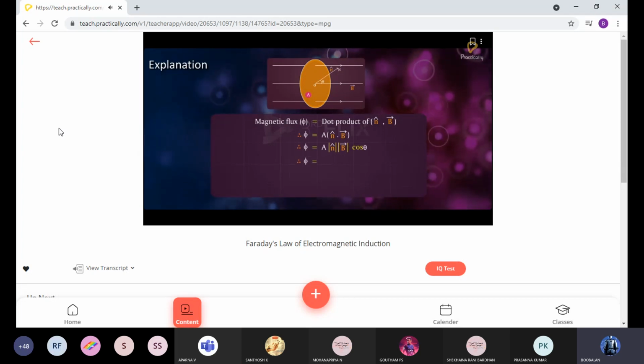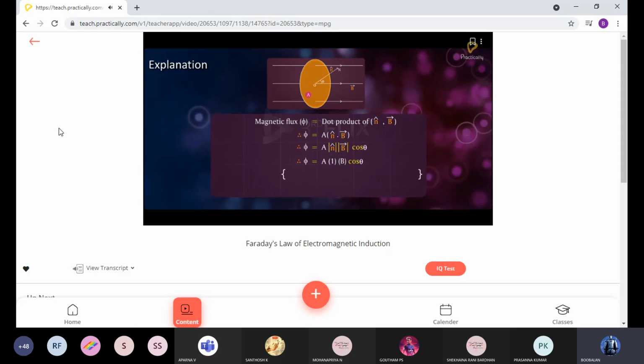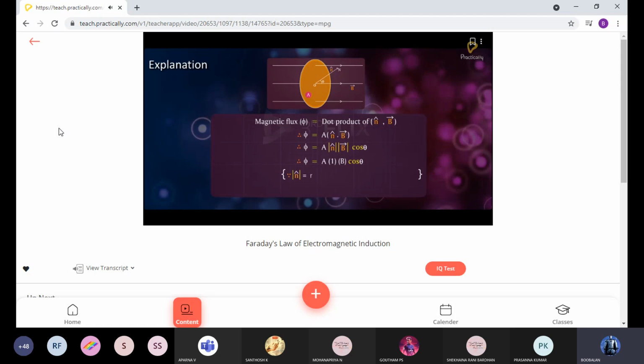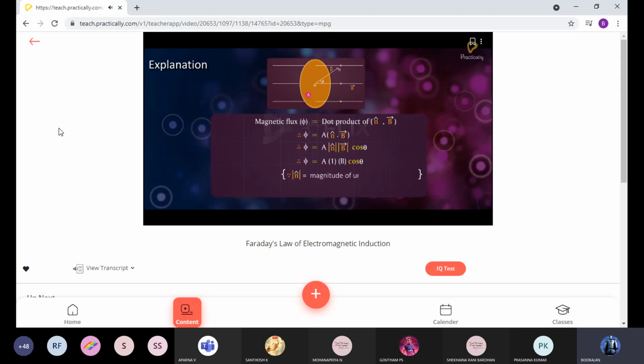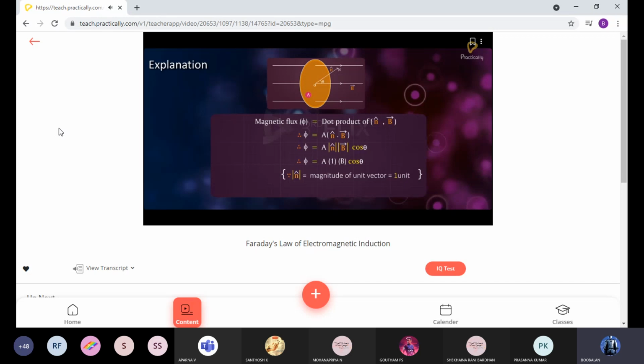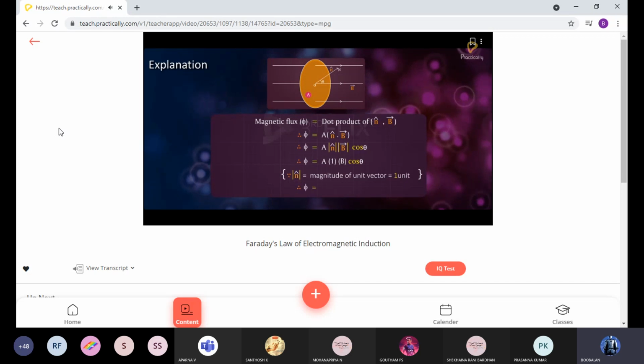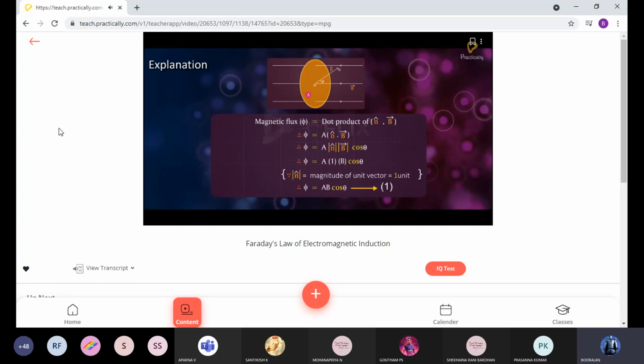Phi is equal to A into 1 into B cos theta, since mod n cap is the magnitude of unit vector, which is equal to 1 unit. Therefore, we get phi is equal to AB cos theta. Say equation 1.